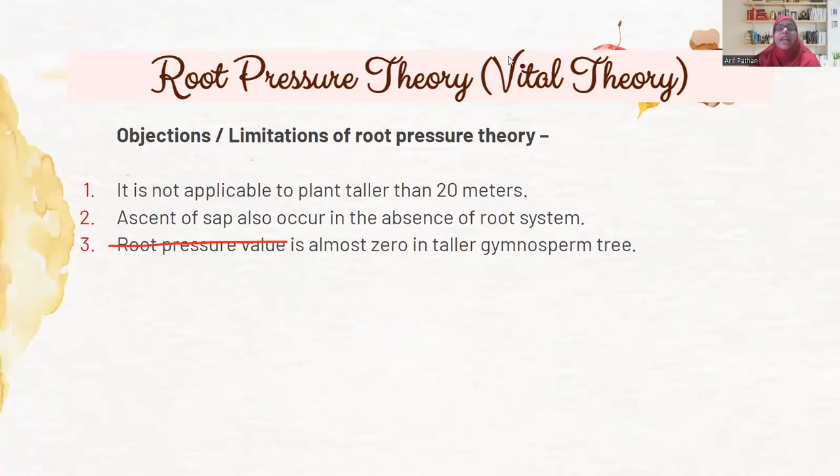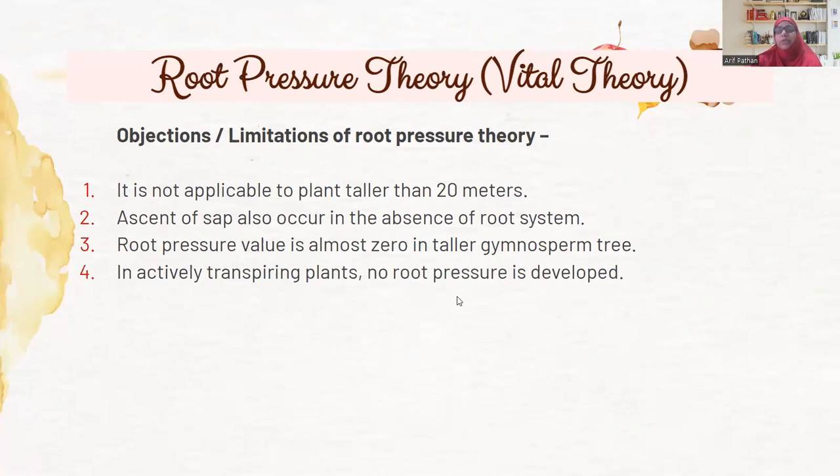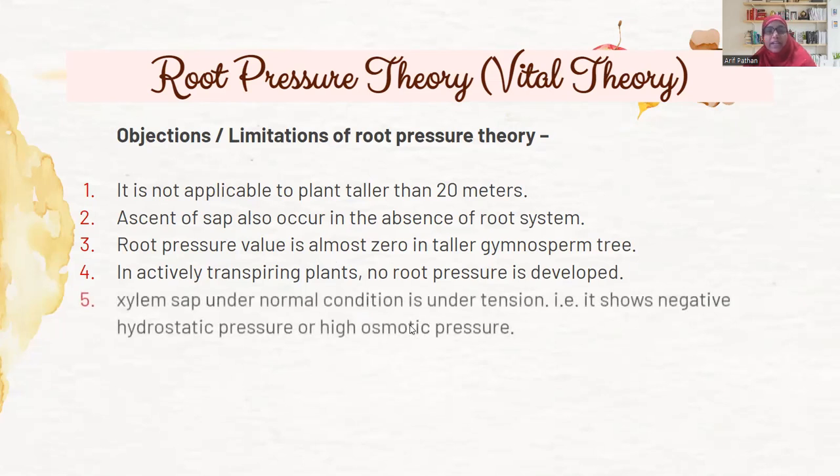Then, root pressure value is almost zero in taller gymnosperms. Similarly, in taller non-flowering plants, root pressure is not there. So does this theory apply to that? No, there is a limitation. Then, plants that are actively losing water will have no pressure created in the root, so no root pressure will be developed.